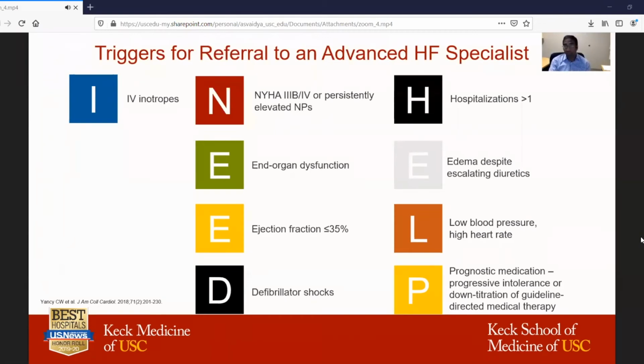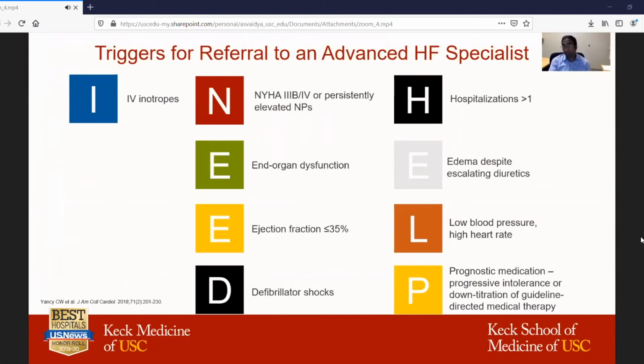Even more than one is a reason to trigger the thought about referring to advanced heart failure specialists. Edema despite escalating diuretics, so diuretics are going up and up and up, is a poor prognostic indicator, which we talked about early in the lecture.